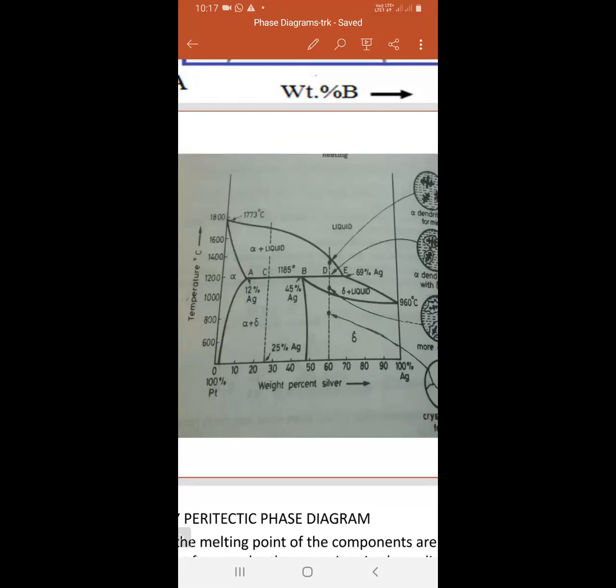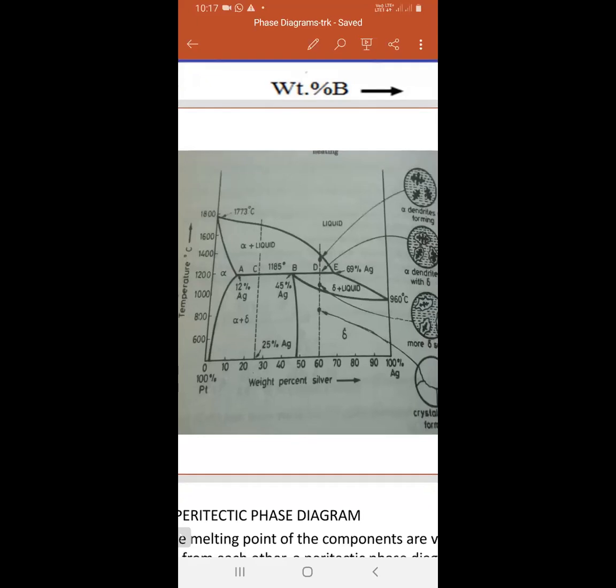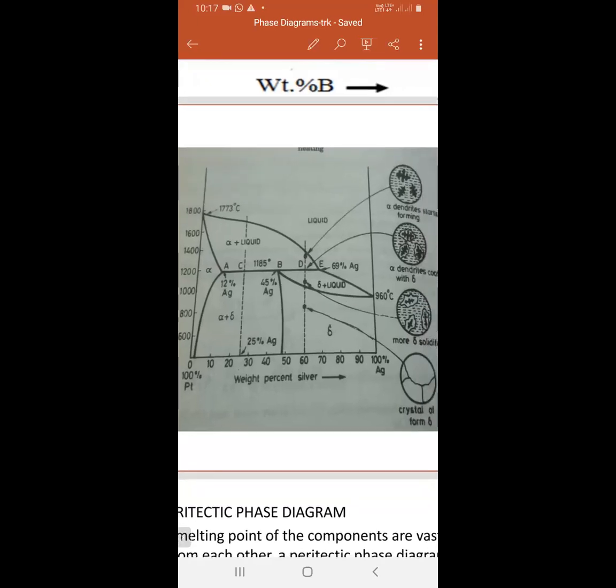These two transform to which solid phase? Can you tell?